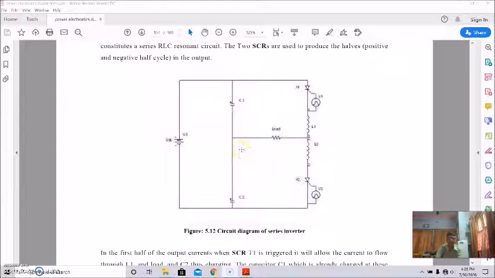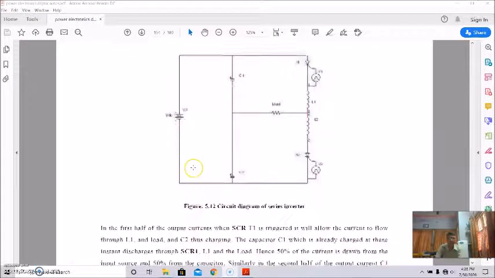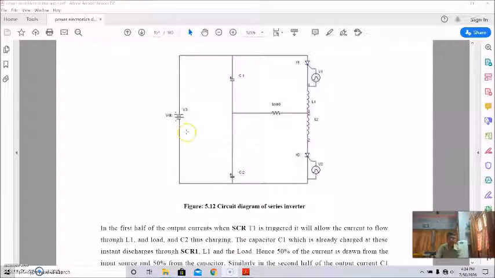At that time C2 will be charging, and the capacitor C1, which is already charged at this instant, discharges to ACR1.